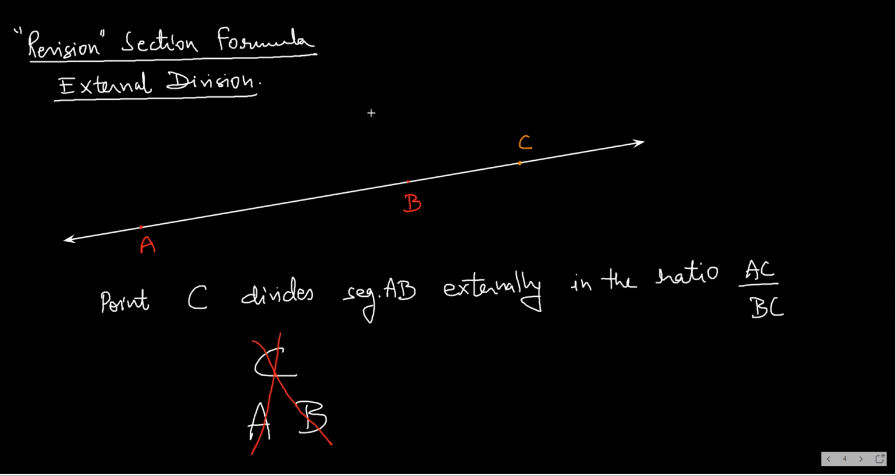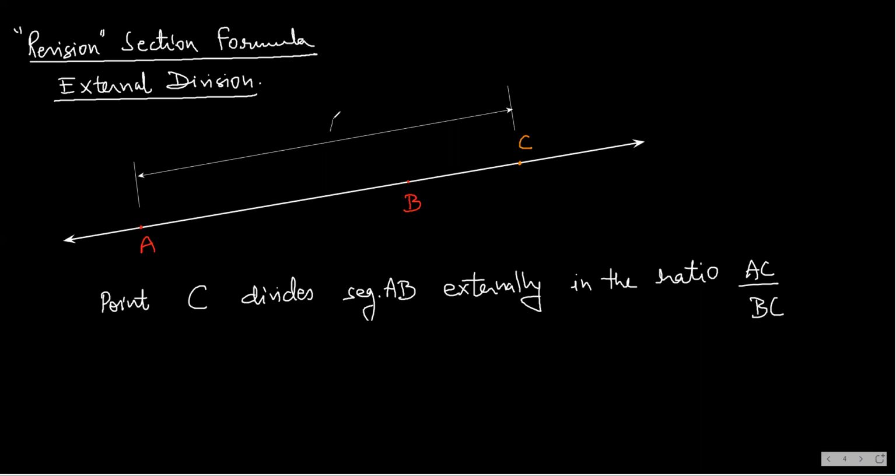So here we have point C dividing segment AB externally in the ratio AC is to BC. Suppose the distance AC is 40.